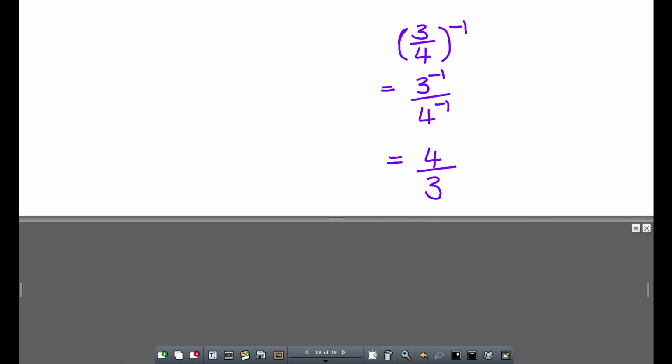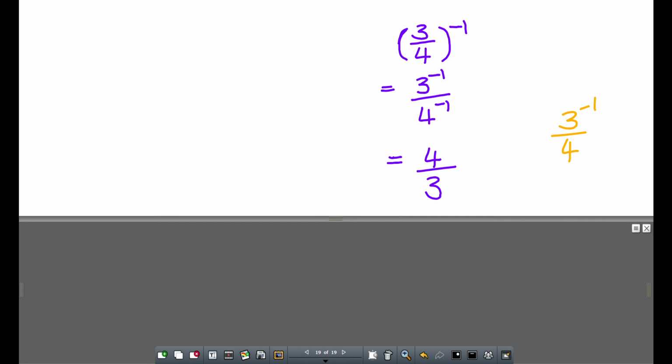When you want to change the sign, listen, it's very simple. When you want to change the sign of the exponent, you swap it to the other side of the fraction. The brackets was just to tell you that that applies to the 3 and to the 4. Okay, if there weren't any brackets, then it would probably look like this.